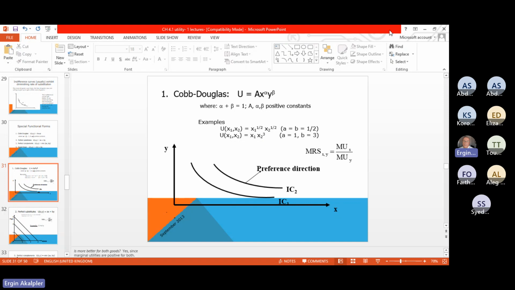It's represented here with two different, as you see, indifference curves and the marginal rate of substitution. When you get the numbers here, you will draw these curves easily, just in case to understand the rate of substitution, which is decreasing for the given examples. You can put the numbers in and estimate easily for the given simple examples.